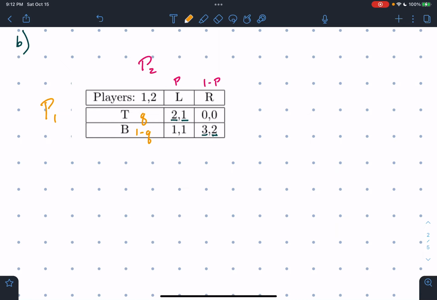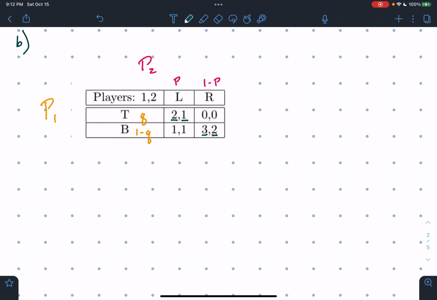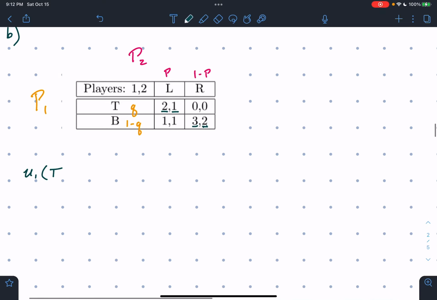When finding a mixed strategy equilibrium, we want the utility of player 1 from playing T, given the mixed strategy P, 1 minus P by player 2, to equal player 1's expected utility from playing B, given the same mixed strategy chosen by player 2.